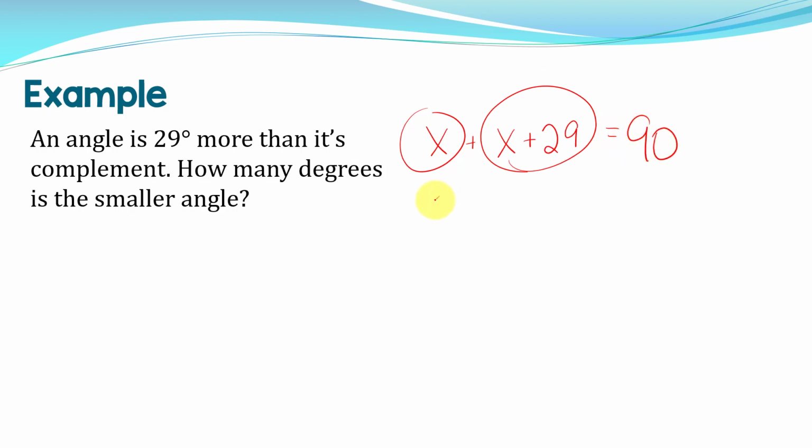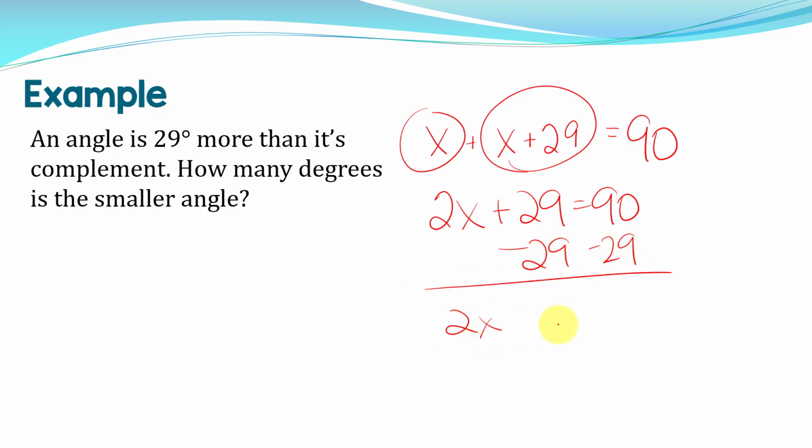Now we just work out the algebra, add the x's, subtract. Solving the equation, 2x equals 61, and then divide it by 2. X equals 30.5.